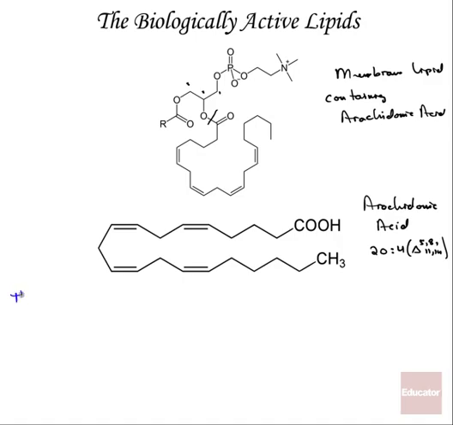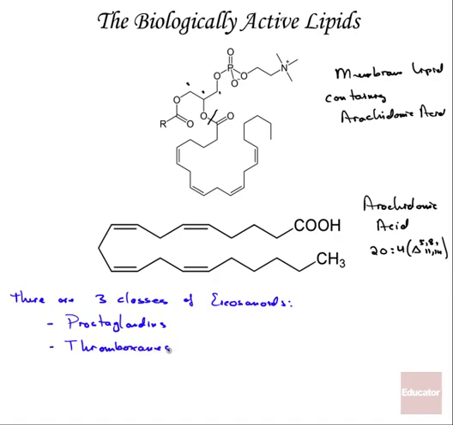So there are 3 classes of eicosanoids. You have the prostaglandins, you have thromboxanes, and you have the leukotrienes.